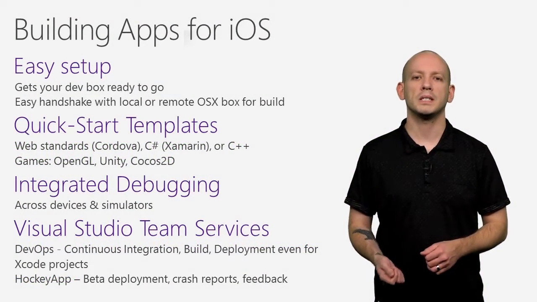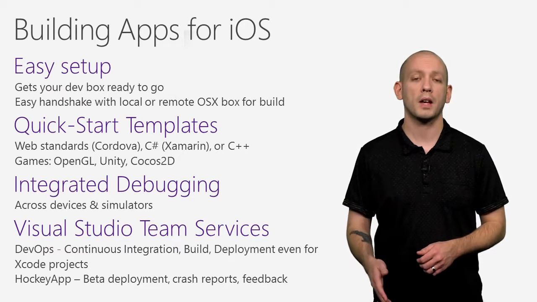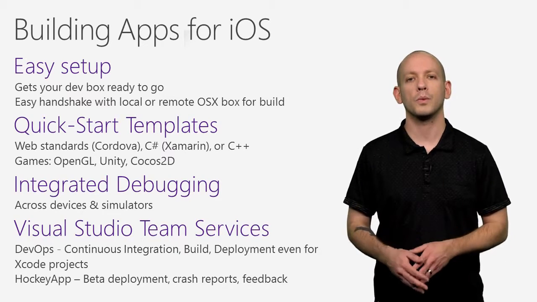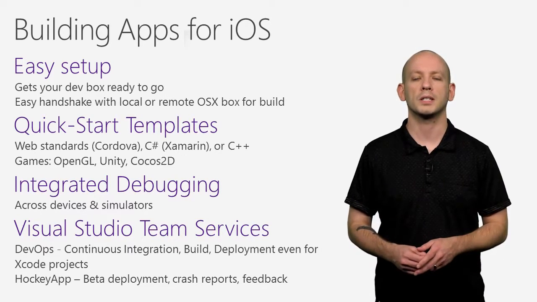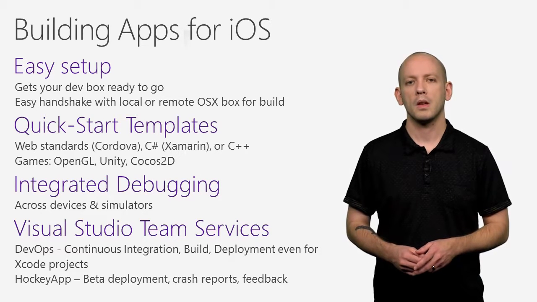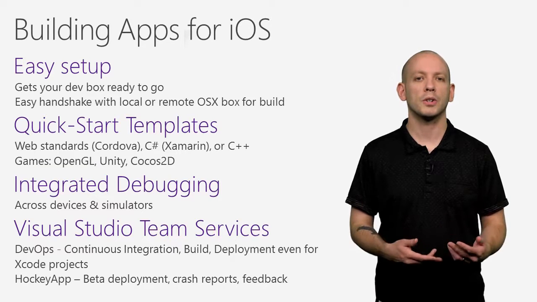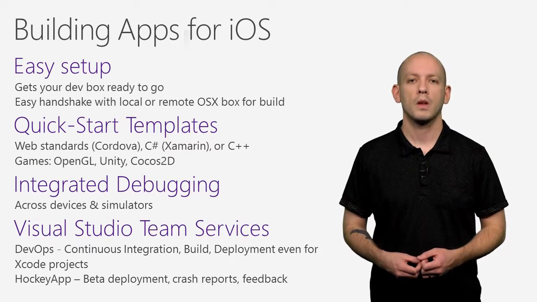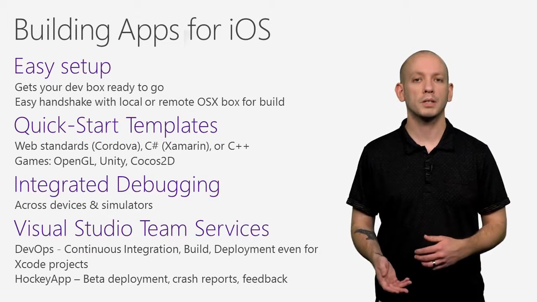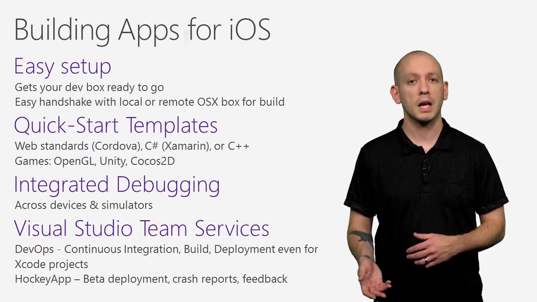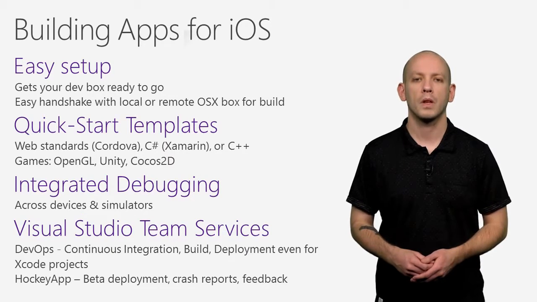Visual Studio's easy setup gets your dev box ready fast, including a handshake with a local or remote OS X box for build. It comes pre-installed with many project templates so that you can get started building your app fast. It also has integrated debugging support for both devices as well as remote simulators.